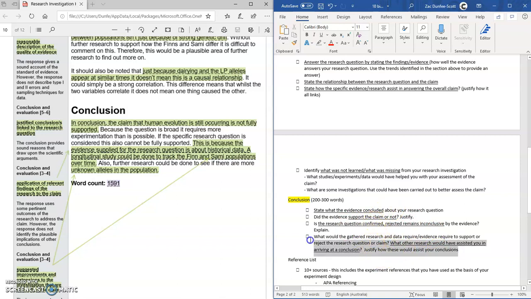So there's always still going to be this point, even if it's not inconclusive.